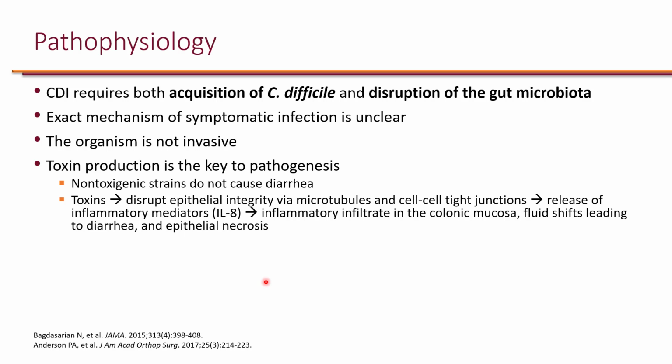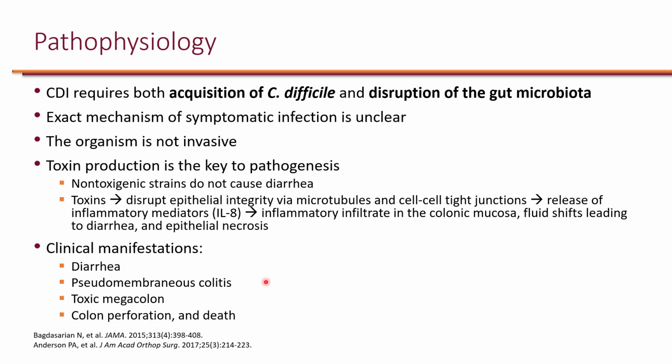The toxins produced by C. diff can disrupt the epithelial cells inside the GI tract, which can result in release of inflammatory mediators, and this immune response can be severe in many patients. In fact, the clinical manifestations range from diarrhea to pseudomembranous colitis to toxic megacolon, colon perforation, and death.